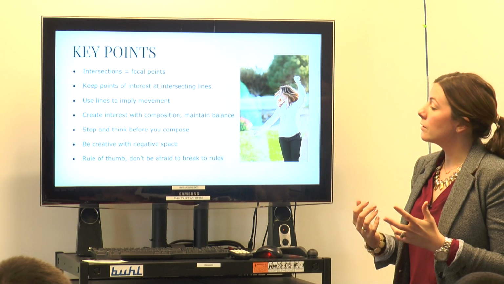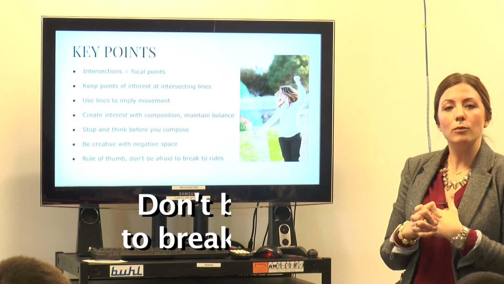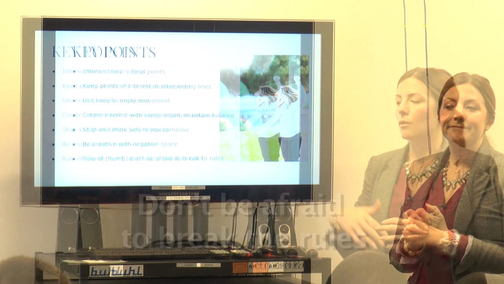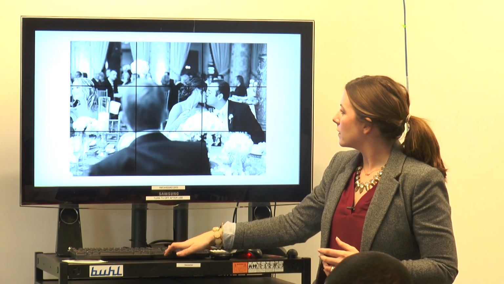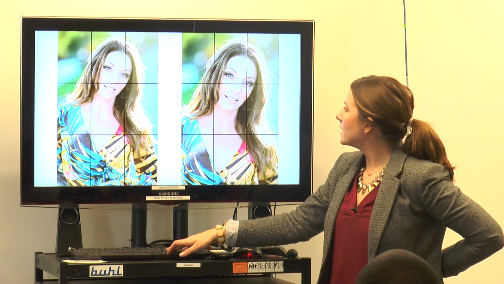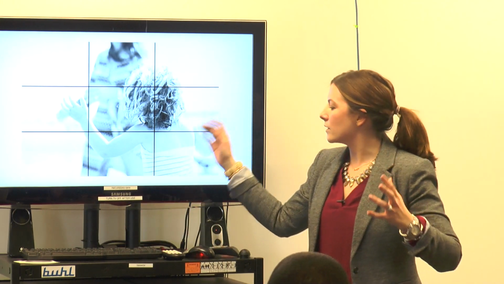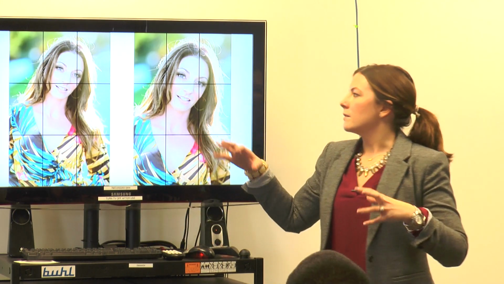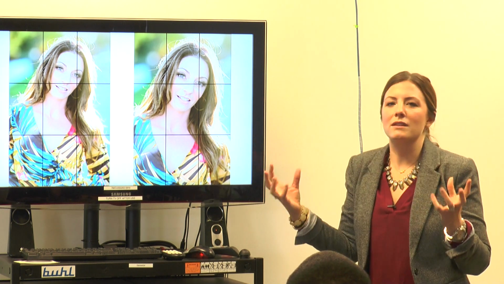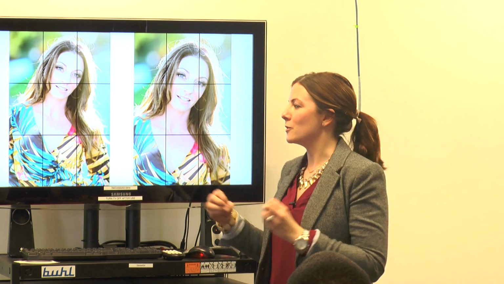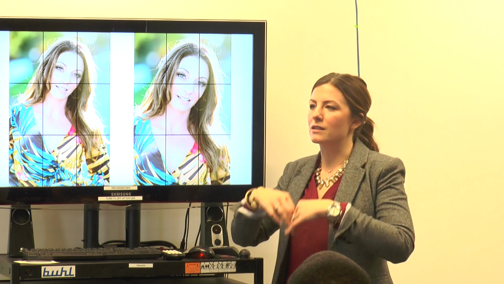And then remember, it's a rule of thumb, and don't be afraid to break the rules. My style, as you can see, is very light and airy, and there's a lot of movement, and it's bright. I always think of white. I love images to be super bright, and I love backlight and this glowy sun.